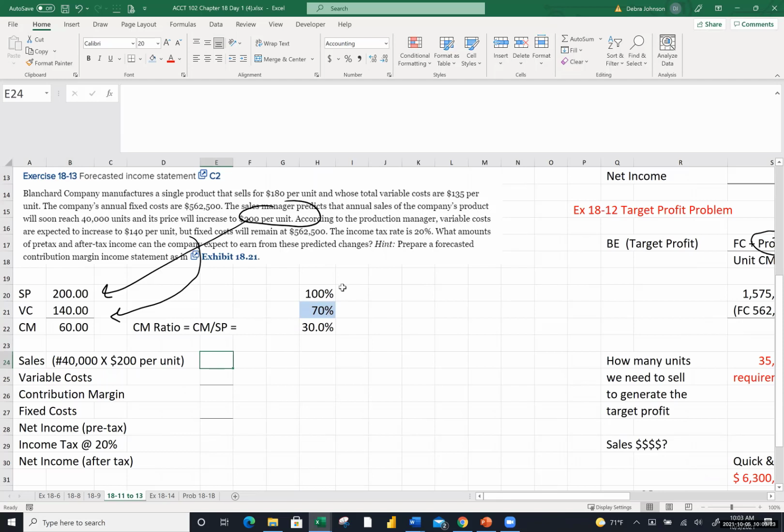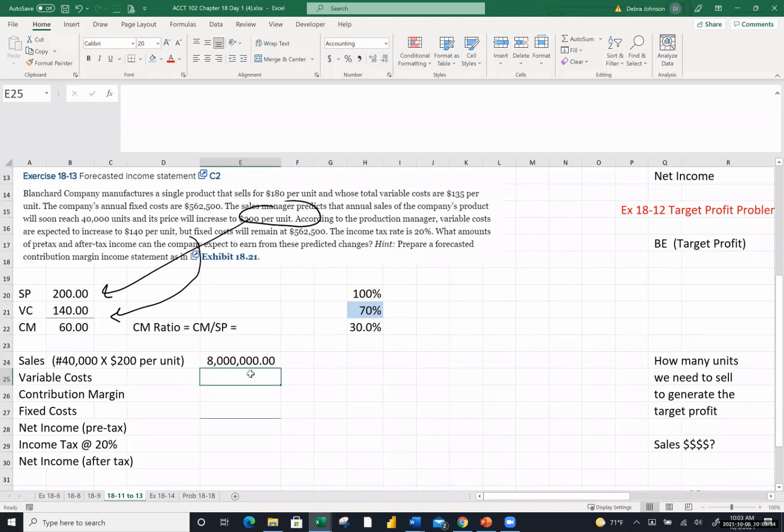How can I say that? Because we know the cost breakdown right here. We looked at it. So 40,000 units at 200, go ahead and compute that. I got 8 million.